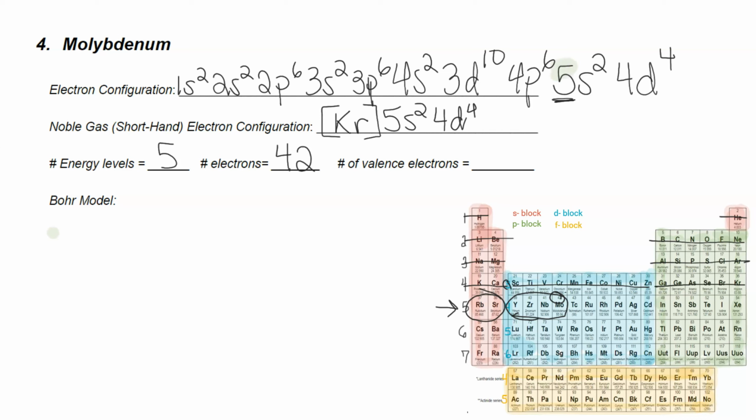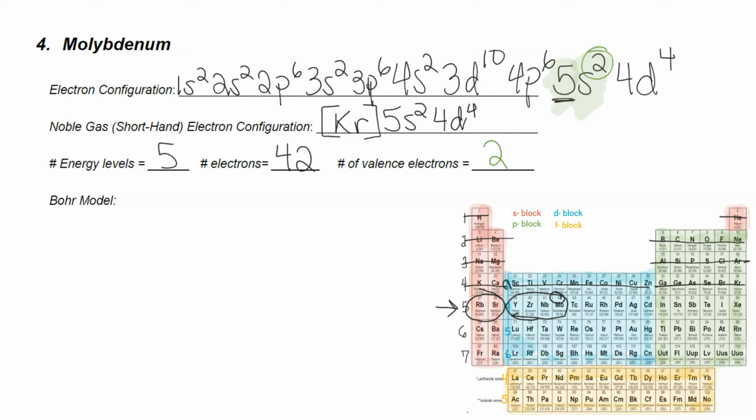Looking at energy level number 5, I only see one piece of our configuration with a 5 out front. That's this 5s2 portion. So that means that there are only 2 valence electrons in molybdenum. Last but not least, let's draw our Bohr model. So we'll get our pen out.